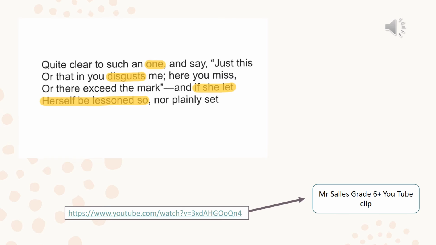And we see another way that women have their power removed. Not only are they not named, not only are they defined by their husband, she's his Duchess, not a person in her own right. Here, he wants her to let herself be lessoned, so, to be taught, he means here.